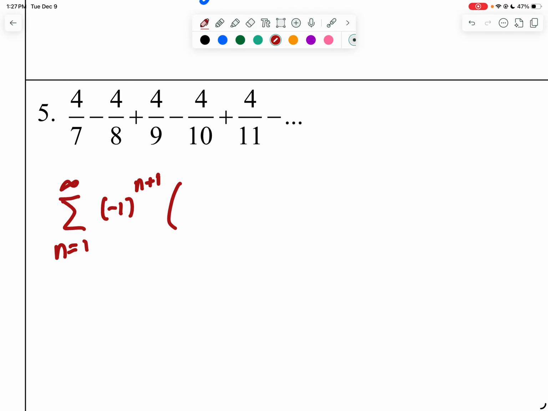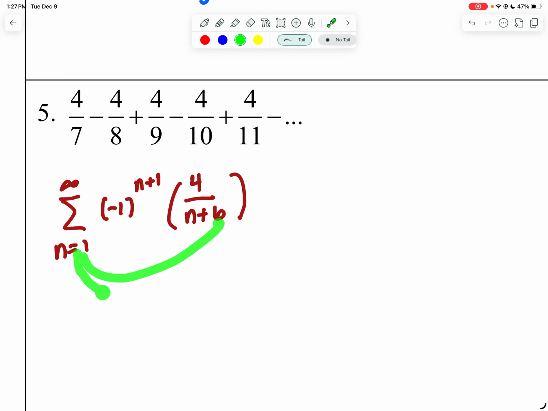You'll also notice that the top part is always 4. And then you'll also notice that if I have 7 here, then 7, 8, 9, 10, 11, then I'm probably going to do n plus 6, so that my first term is 7, so that 1 plus 6 is going to give us 7, 2 plus 6 is going to give us 8, and so forth.